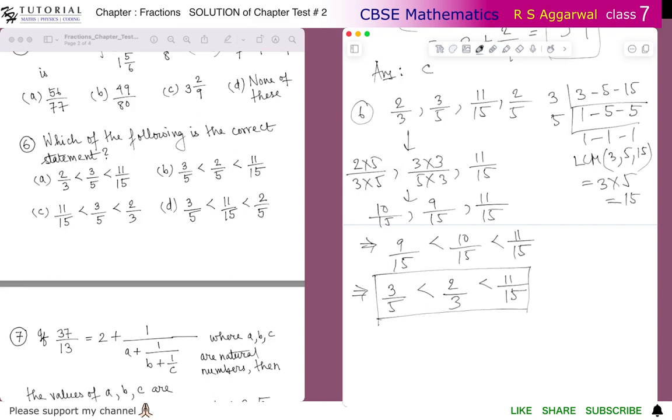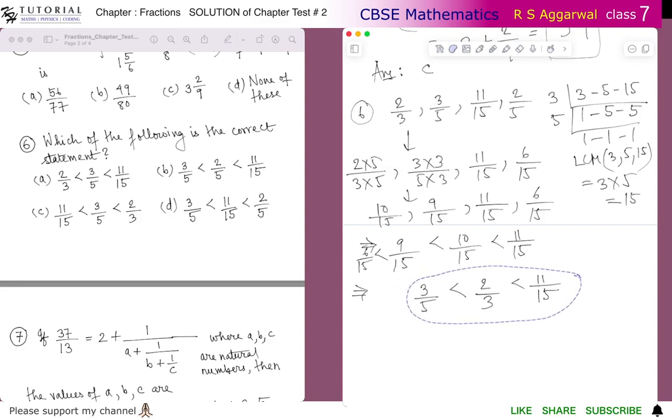Now the equivalent fraction of 2 by 5 will be 6 by 15, and clearly 6 by 15 is less than the others. So 2 by 5 is less than 3 by 5.